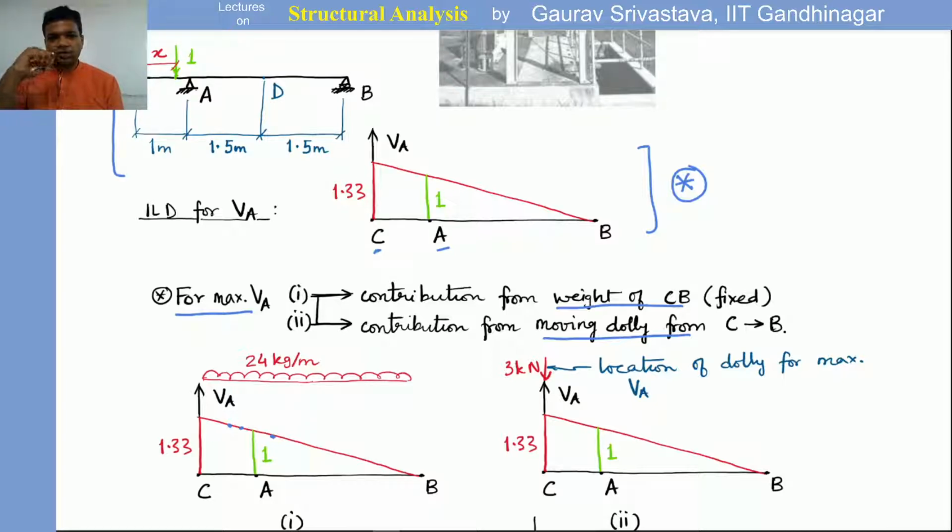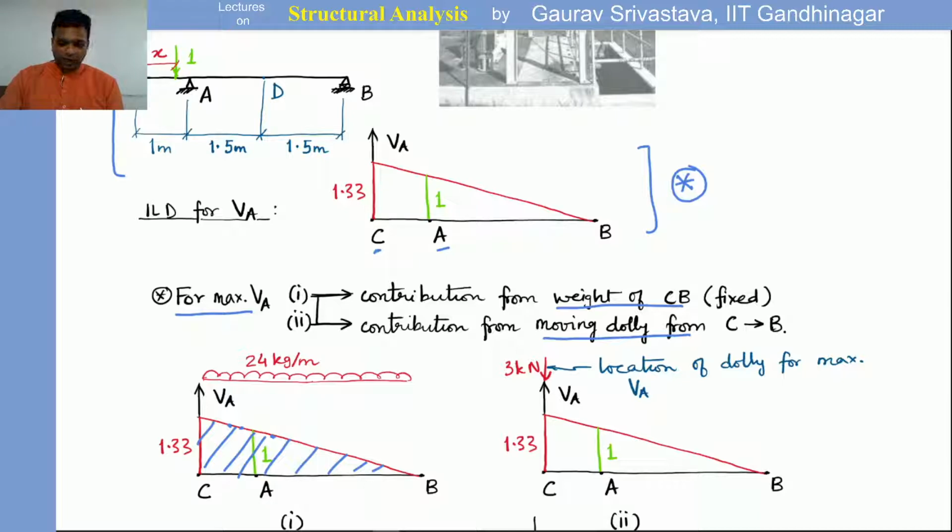So if there is a UDL being applied, this entire area multiplied with the UDL will give the value of vertical reaction at A for the UDL.